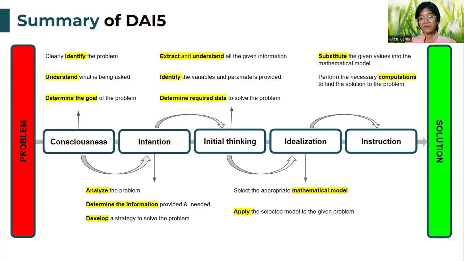And then the last step, which is instruction. Instruction requires us to substitute the given values into the chosen mathematical methods and perform the necessary computation to find the solution to the problem. So by applying these 5 steps, we got the solution.